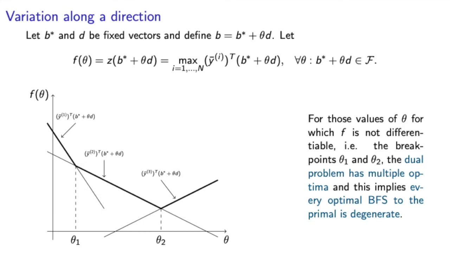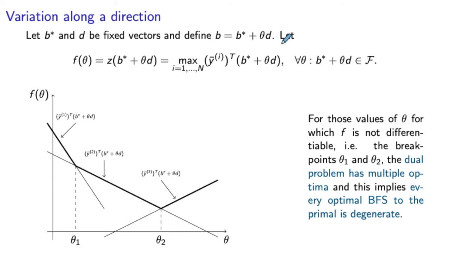For a more precise geometrical illustration of our situation, let's consider a case when our change of b, the right hand side, is done in a very particular way. So more specifically, assume that we look at some vector b star for the right hand side which is fixed, and we are trying to obtain a different right hand side by moving from b star along some fixed direction d, and the parameter theta here represents the length of our step size when we move along this direction.